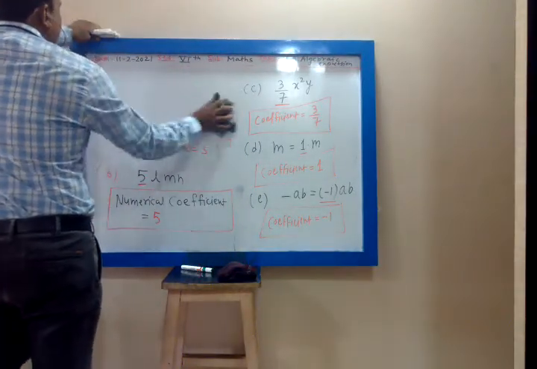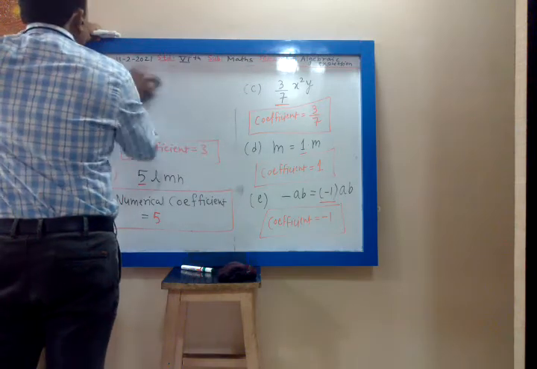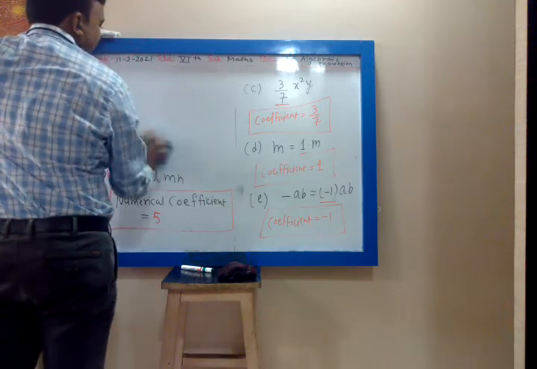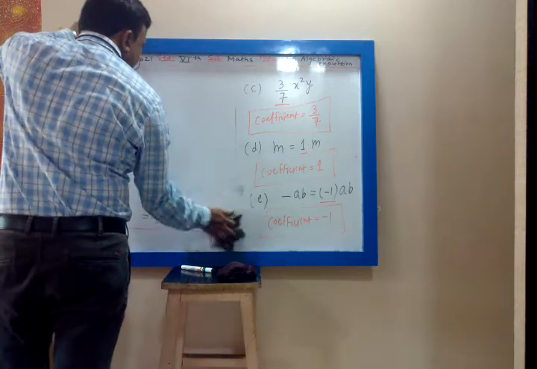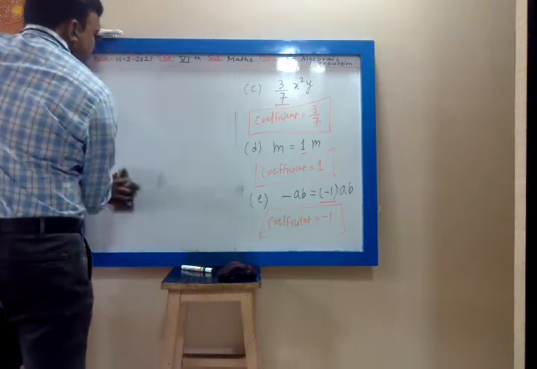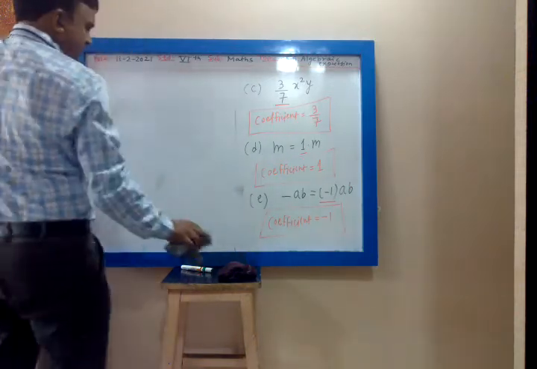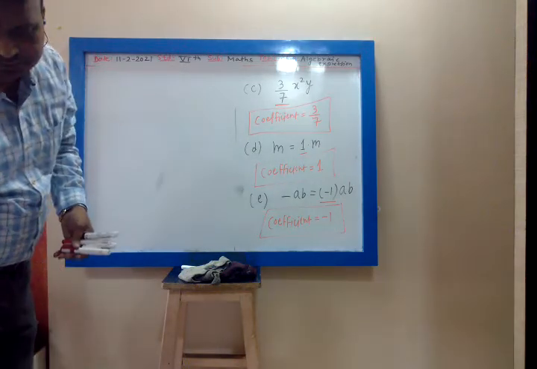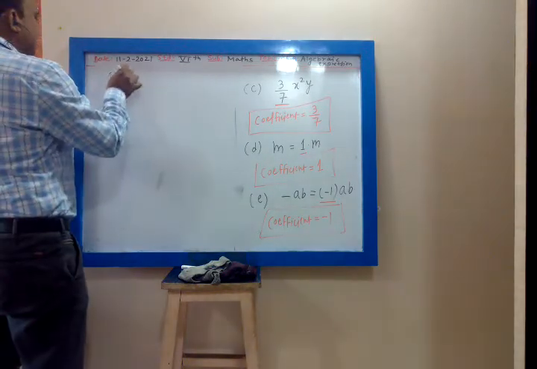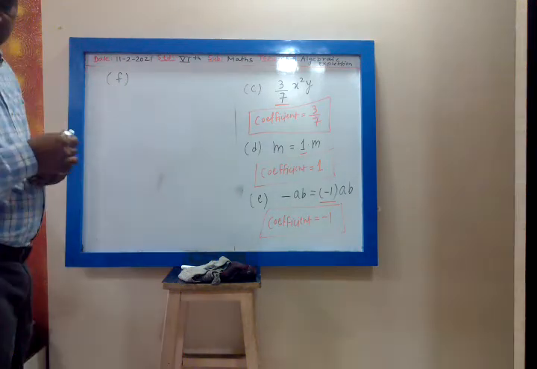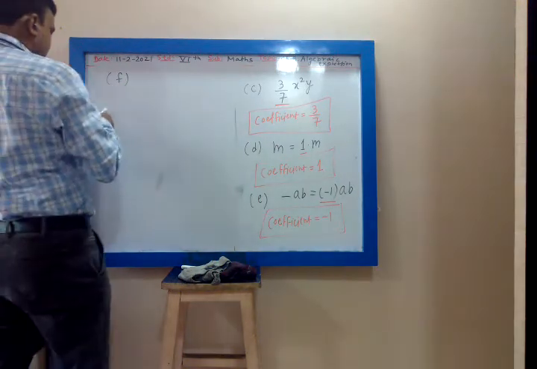My dear, whatever I am doing, the same thing you have to do. So make the box everywhere, wherever I am making the box. Numerical coefficient means the number attached to the variable. Then f is minus 3 upon 8 PQR.